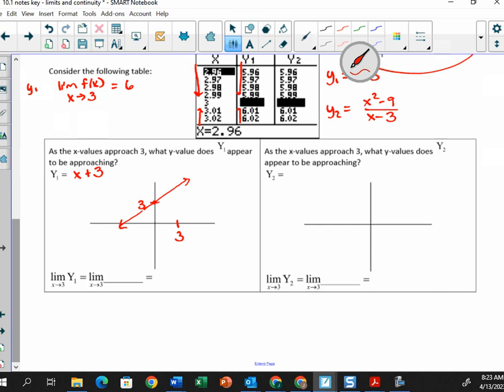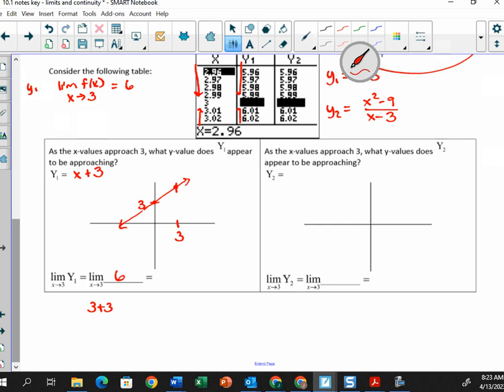Obviously, my graph is not perfect, but algebraically, can you see as x approaches 3, what y value are we approaching? 6, right? And again, if you can just plug that 3 in, what do I get when I do 3 plus 3? You get 6. That is the limit. That's okay. Some of them are that simple. Completely fine. Plug it in.